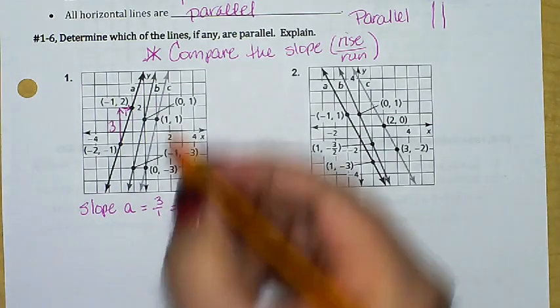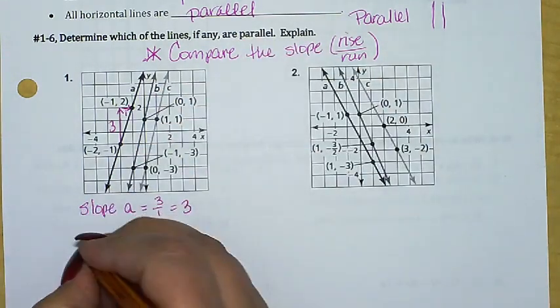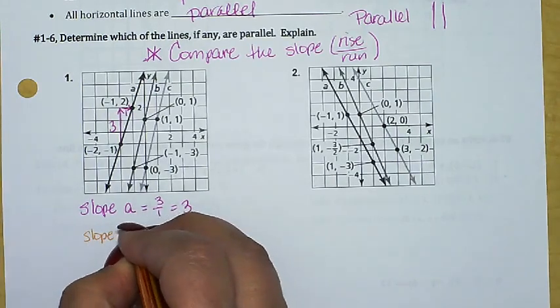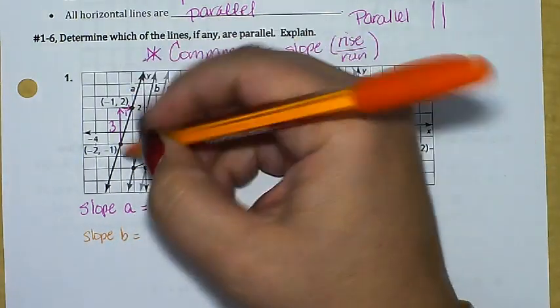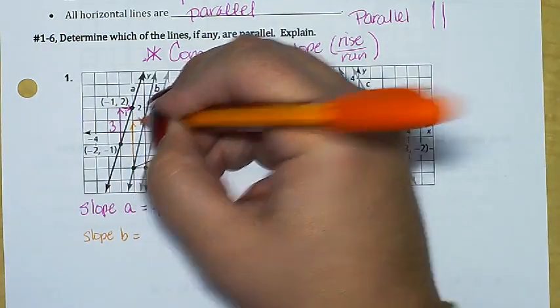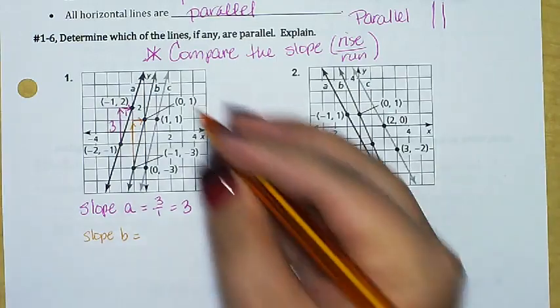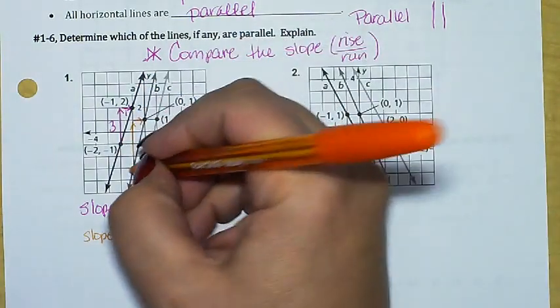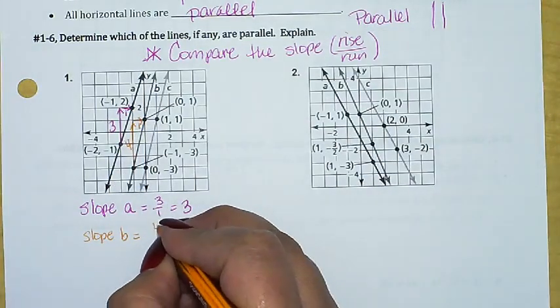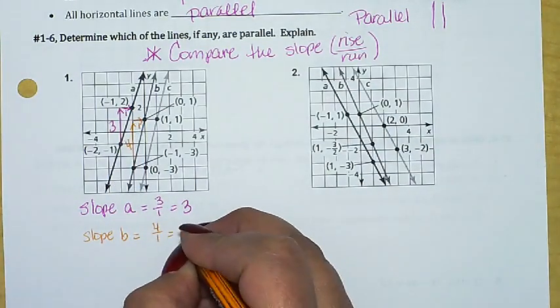Okay, now let's compare that to the slope for line B. I have 2 points. I'll compare the rise over run ratio and see if it's the same. But for this one, I rise a total of 4 units up and 1 over. So that's 4 over 1, or a slope of 4.